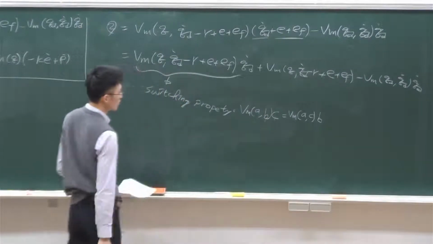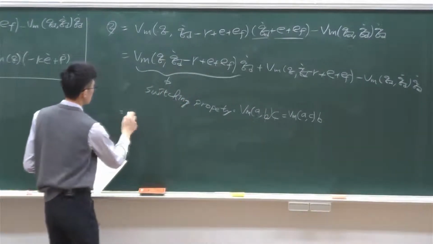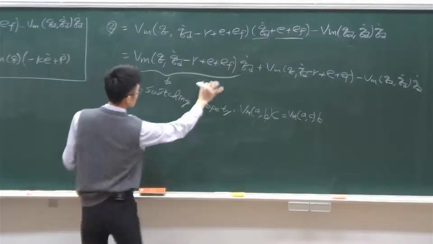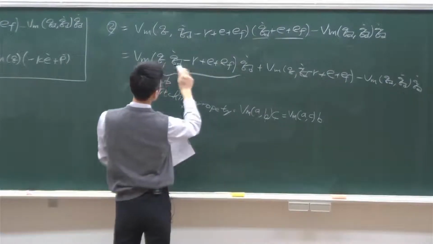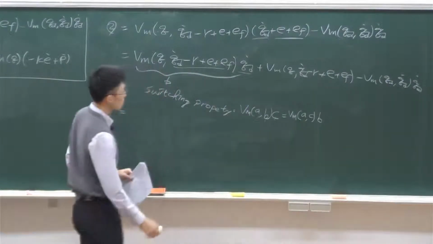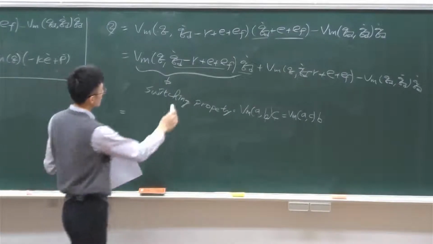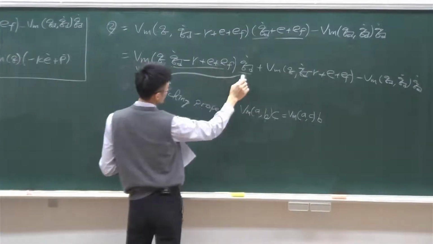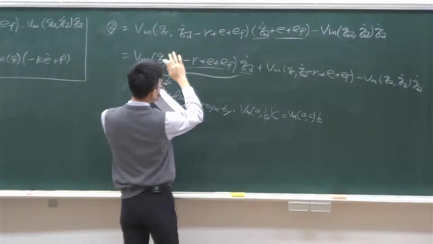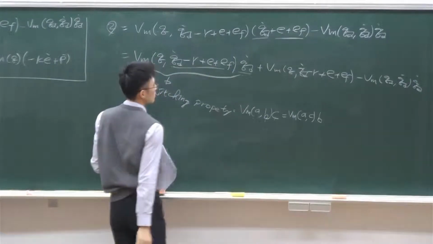Okay, they will be equal. So I can swap these two, this and this. Once this term is outside the bracket, I can segregate this term and these terms.